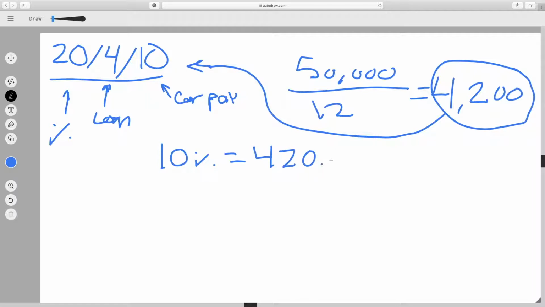So let's look at a little bit higher. If you want to do 15%, just in case you're feeling like 10% is a little bit too little for you, at an average income of 4,200, you multiply that by 15%, that is $630 for 15%.